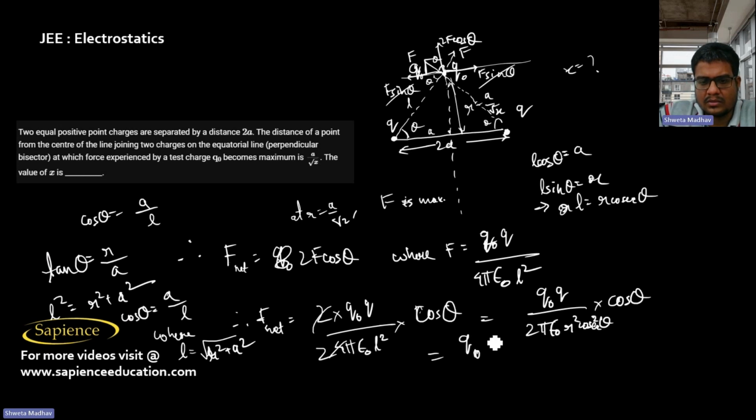So this is coming q0 q by 2 pi epsilon naught into r by cosec theta, where cos theta is a by L. So it is a by L cube.